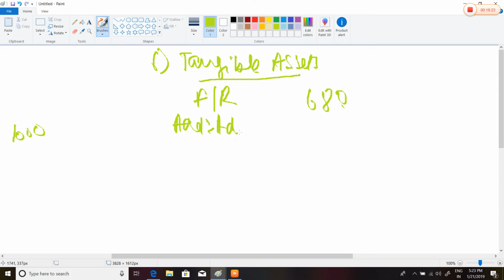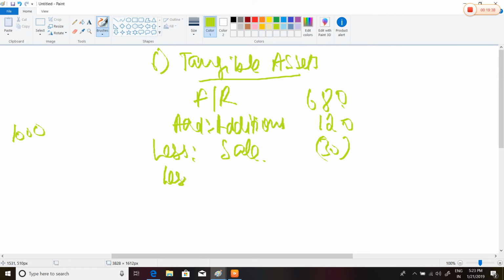Add additions 120. I hope you are reading the questions side by side. Less sale 30, less depreciation. The total depreciation for 2 years is 260 plus 148.